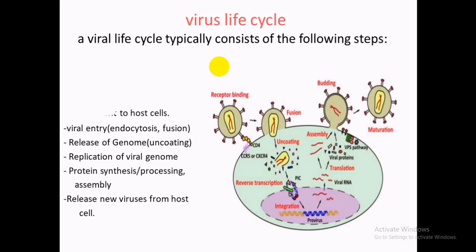The first one includes attachment of the virus to the host cell surface, to the host cell's receptor, followed by viral entry through endocytosis or fusion, or maybe both, through the host cell membrane.